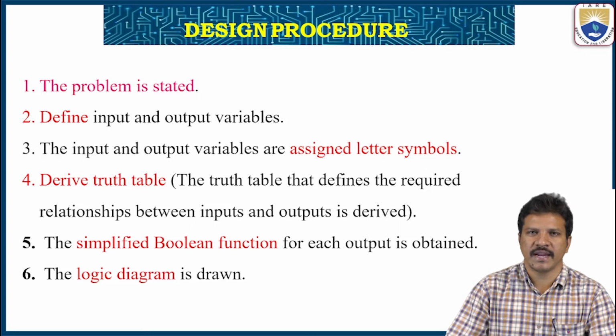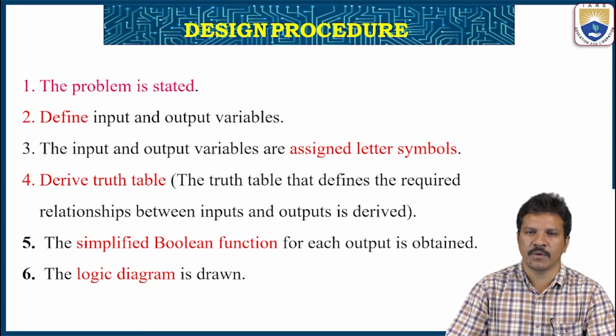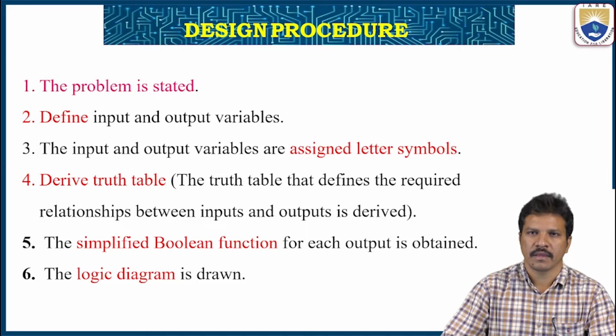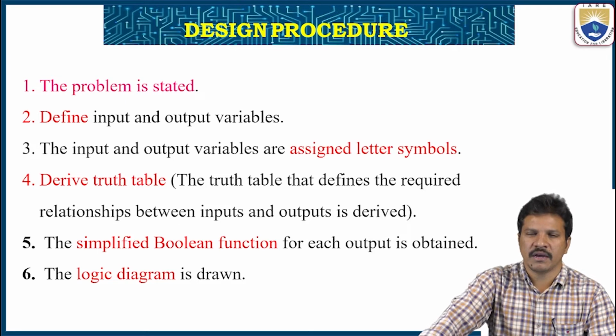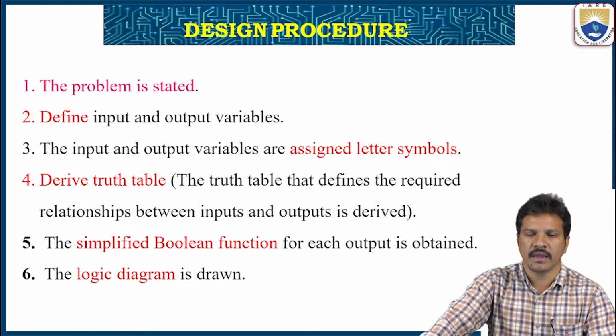And then once those problems are stated, the second step is to define how many inputs are required and how many outputs are required. The identification or defining of these input and output variables is only done by knowing the problem stated.